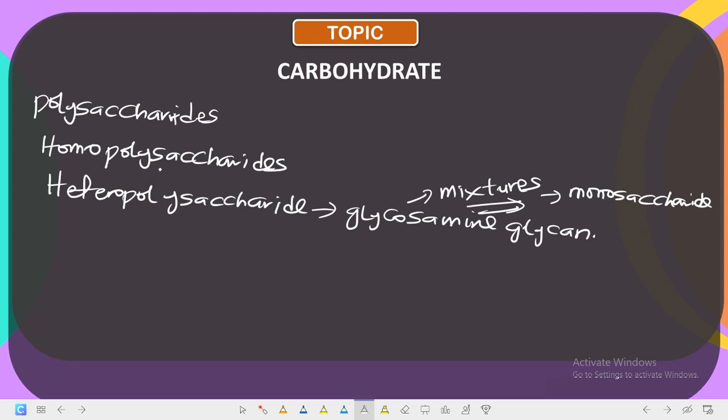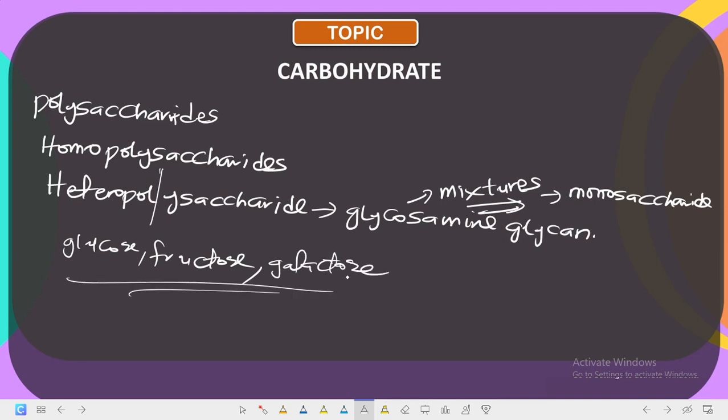So when these heteropolysaccharides are broken down, they don't form only one monosaccharide. Maybe you may have glucose, you can have fructose, you can have galactose. Different ones upon hydrolysis yield different monosaccharides; that is called heteropolysaccharide.